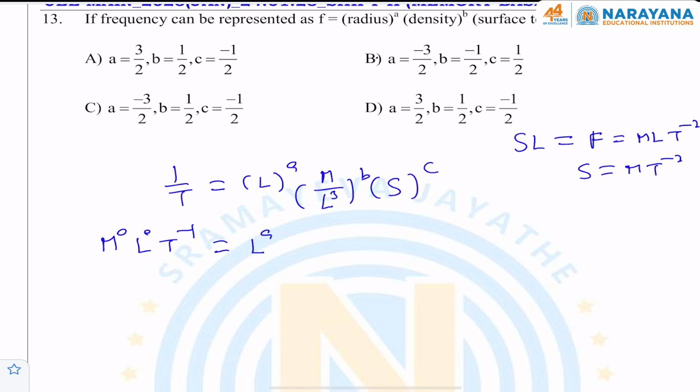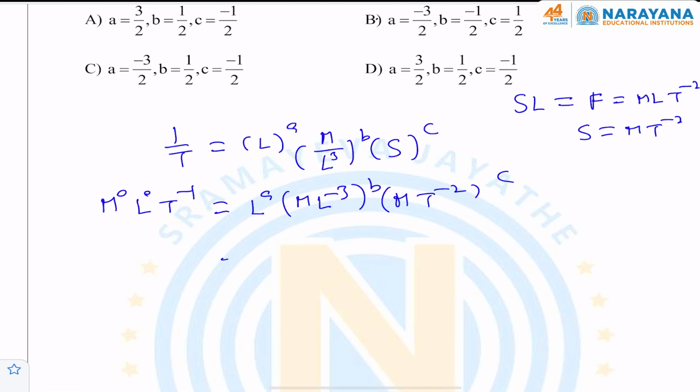On the right hand side, L power A, M into L power minus 3 power B, S can be M T power minus 2 power C. Equating the respective powers, first of all, let me rewrite it: L power A minus 3B, M power B plus C, T power minus 2C.